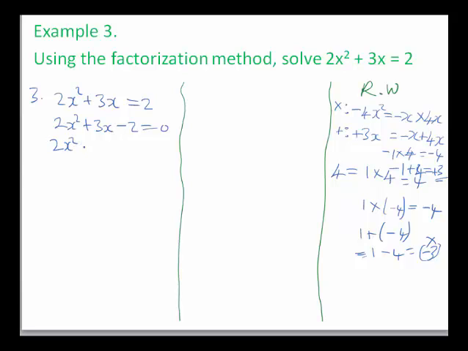2x², in place of 3x we have -x + 4x, then -2 is 0. Then we have x in brackets. What remains here? Remember how we get it?